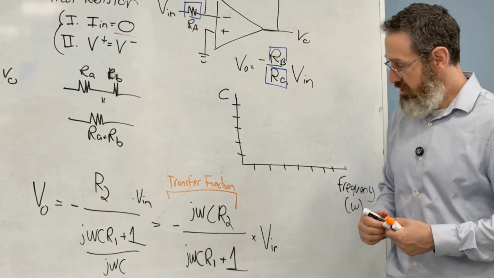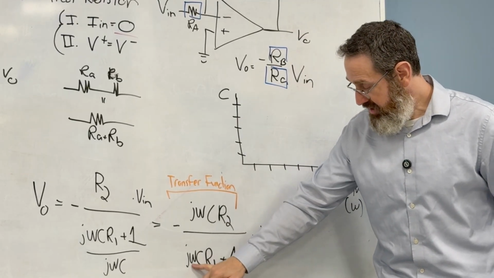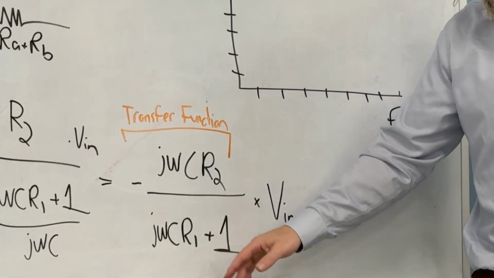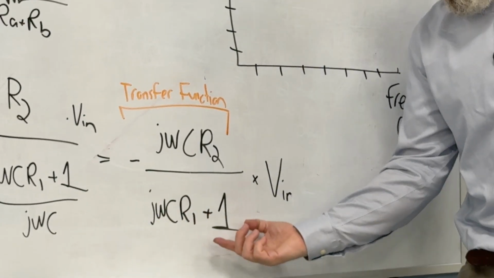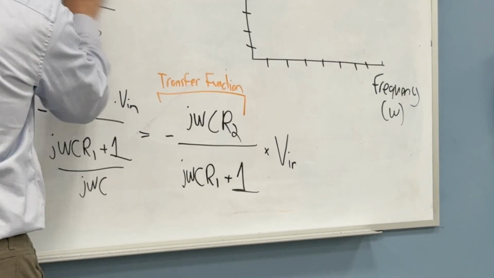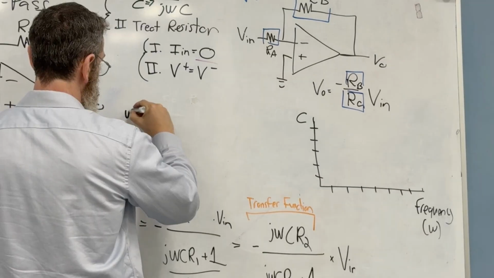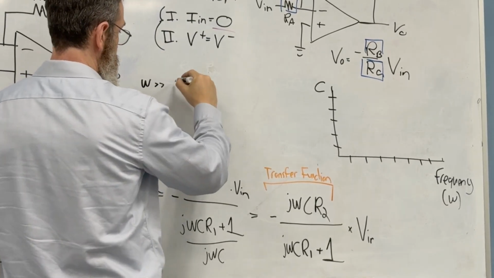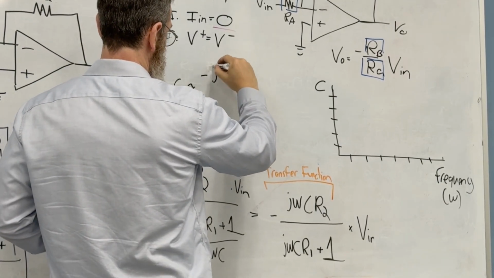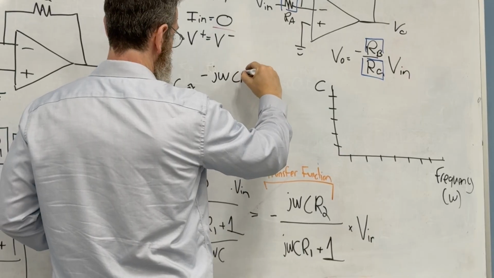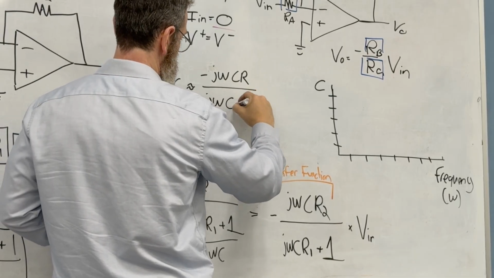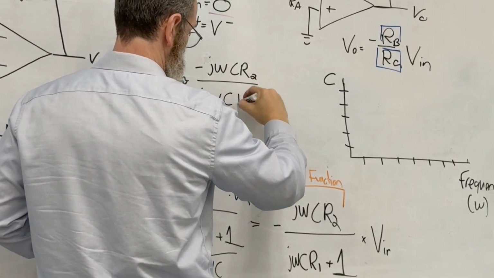Okay. So we have this term here with a very big W ends up being much bigger than this term here, right? So if this is a billion, this one, we don't really need to worry about it. And so I can say that for very large frequencies, this C is approximately minus jwC R sub 2 over jwC R sub 2 R sub 1, right?